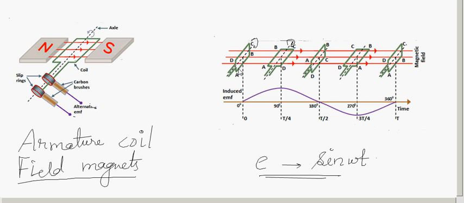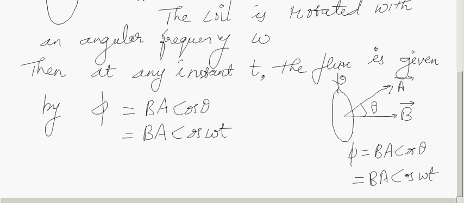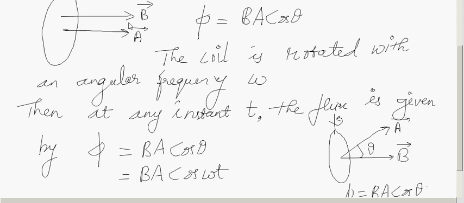In this case, this is the initial position where we have assumed that the plane of the coil is perpendicular to the magnetic field, and area vector and B are as shown in the figure, parallel to each other.